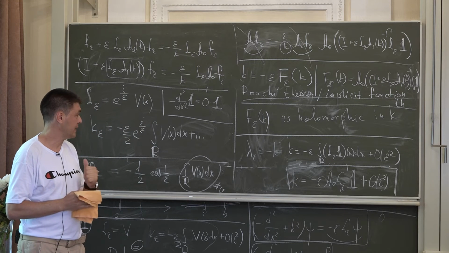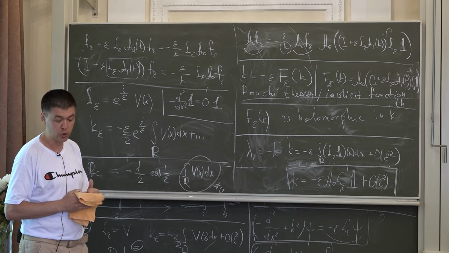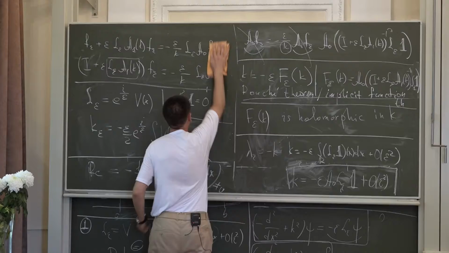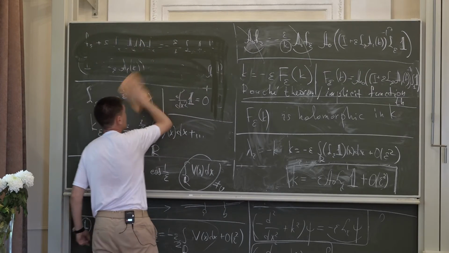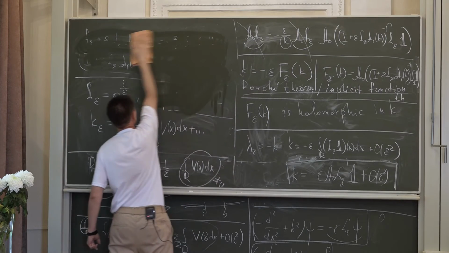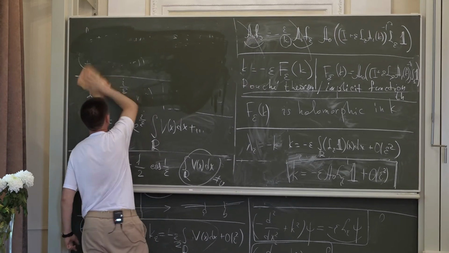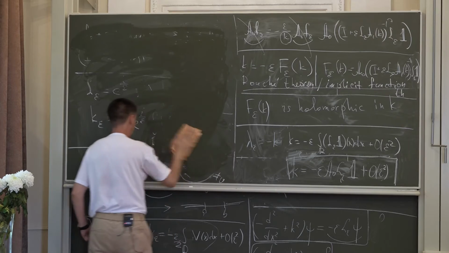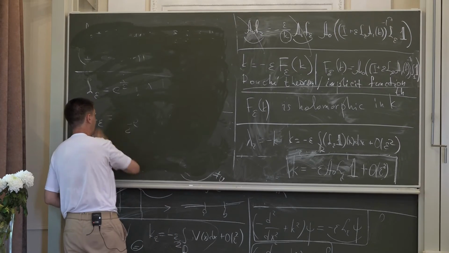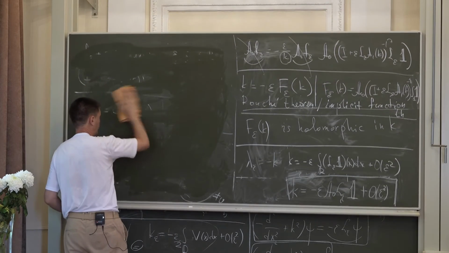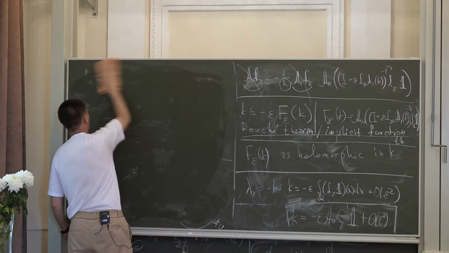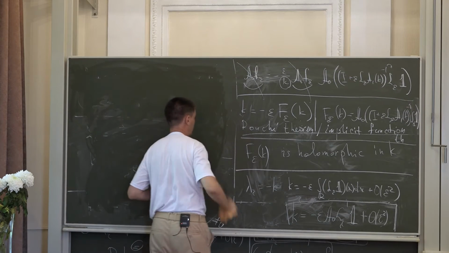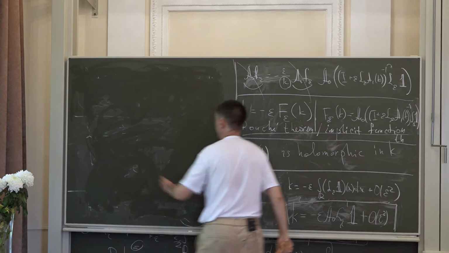For instance, this happens if we go to a two-dimensional case. Today I shall show a model of a waveguide which we studied, where this technique works almost without any change. The only point is that the meromorphic continuation is a bit different.